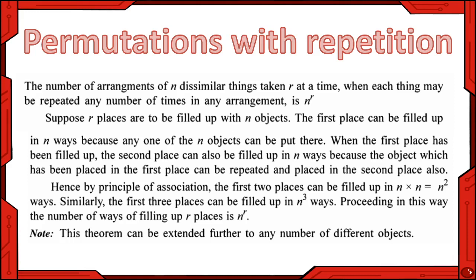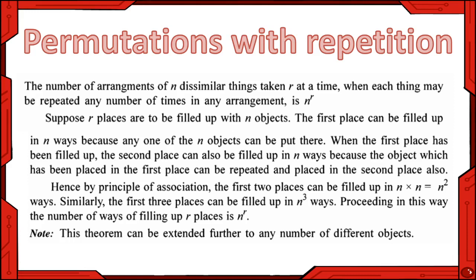Now permutations with repetition. The number of arrangements of n dissimilar things taken r at a time can be n raised to the power r. Suppose r places are to be filled up with n objects. The first place can be filled in n ways, because any one of the n objects can be put there.